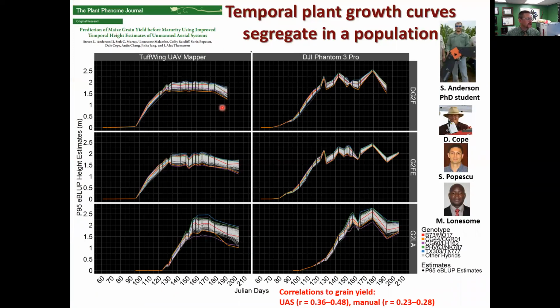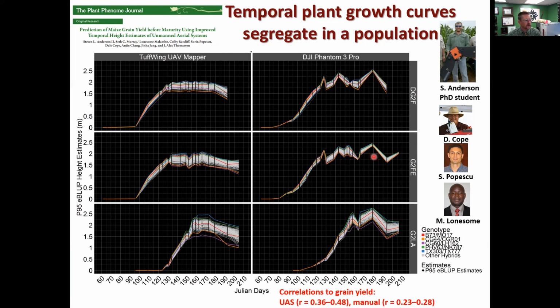Okay, so one of the things Stephen was able to find by comparing these different platforms, and then by comparing an early planting, an optimal planting, and a late planting, is he was able to find different patterns between these various plantings and different patterns between the platform that was used. And so you'll see this noise in the Phantom 3 Pro.